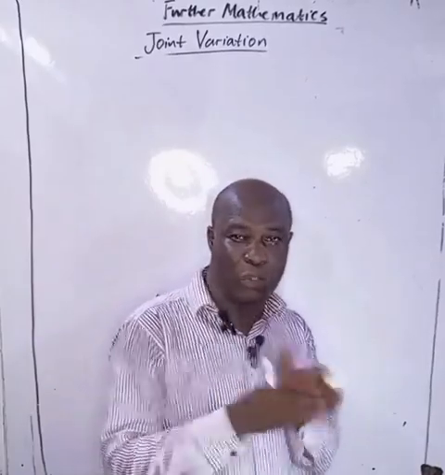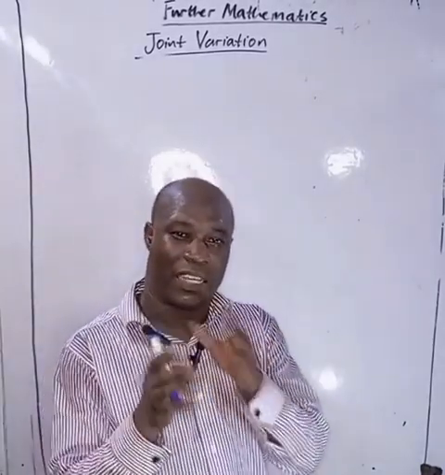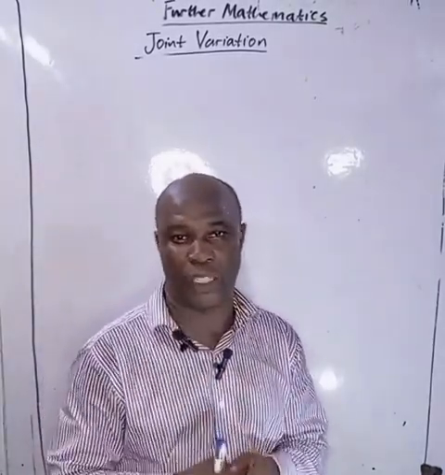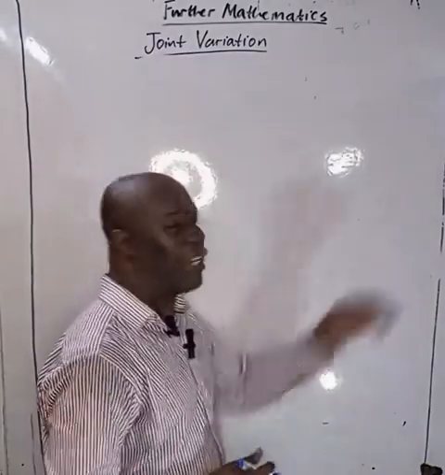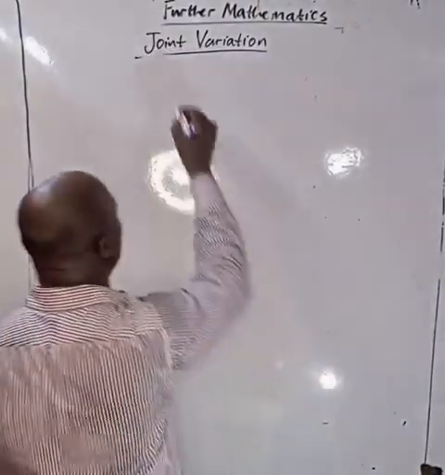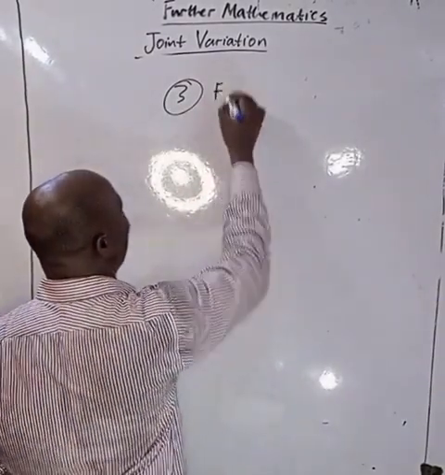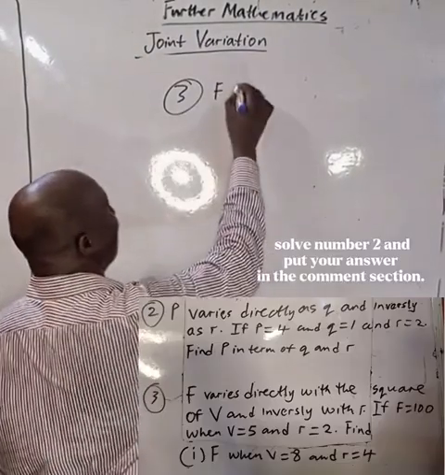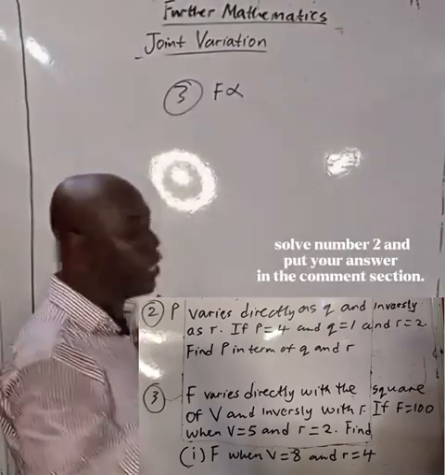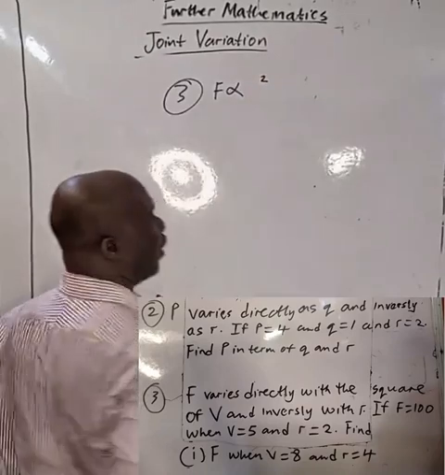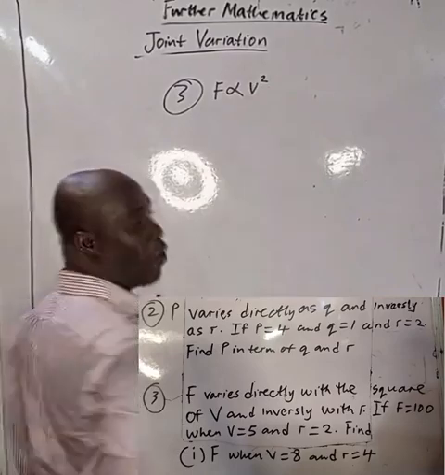All right, so I'm going to treat the second example on joint variation, but this type is a little bit different from the first one we did. But do you know what? It is very, very simple. When you look at question number three, F varies directly with the square of V. Can you see the square of V?